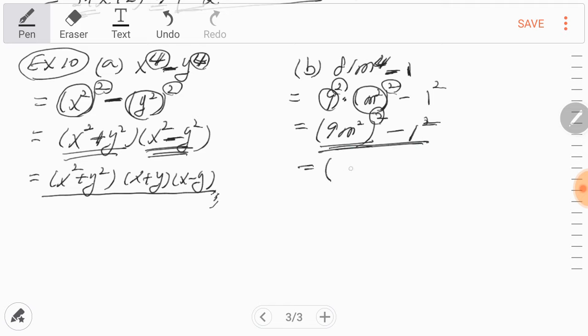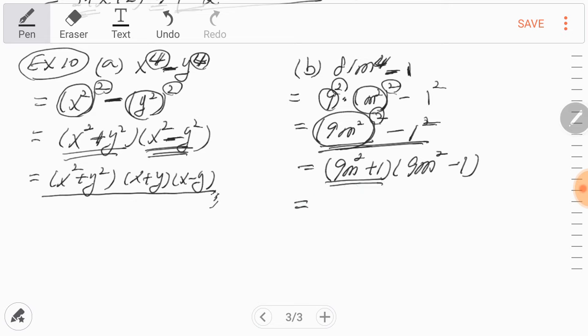So we can use the difference of two squares form, a plus b, a minus b. The a part is 9m squared. So 9m squared plus 1, 9m squared minus 1. And then let's check each factor.